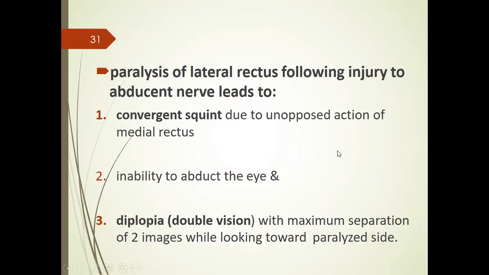The action of the lateral rectus is abduction of the eye. There will also be diplopia or double vision, with maximum separation of the two images while looking towards the paralyzed side. So if the right lateral rectus is paralyzed and the person tries to look towards the right ear, to the right lateral side, there will be diplopia, or double vision.